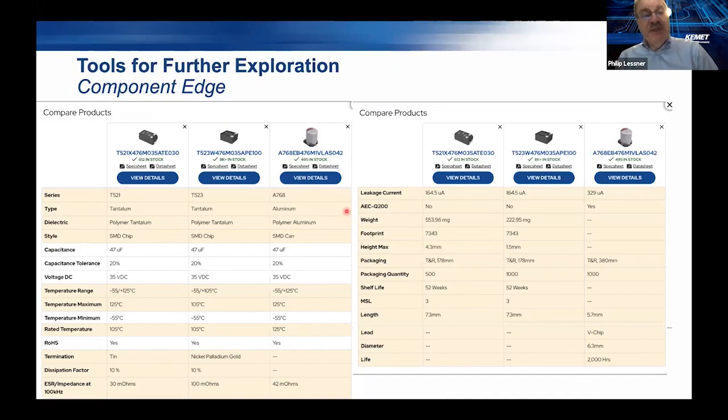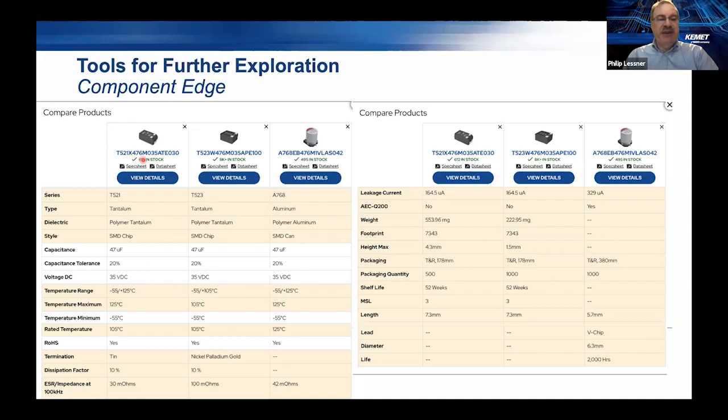And one of the neat features of Component Edge is that you can also choose to compare different ratings by selecting multiple values, and this goes back to the qualitative table that I showed you early in the presentation. Here you can do a quantitative comparison of different types.